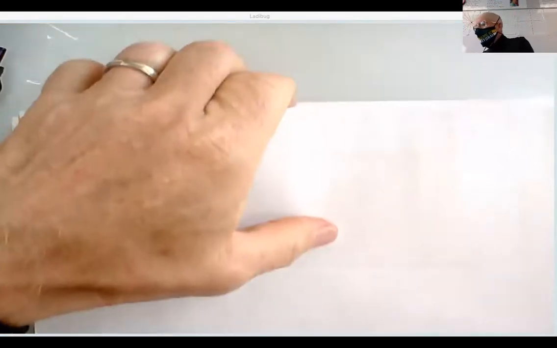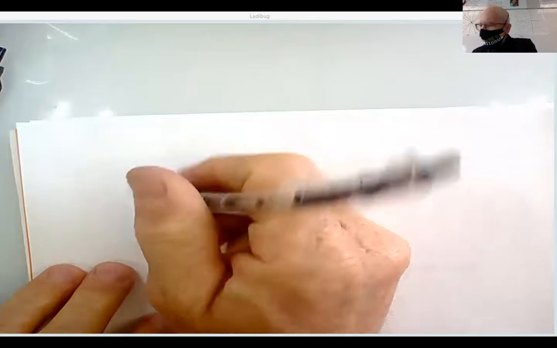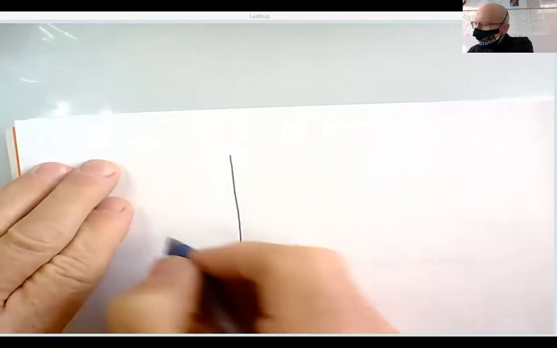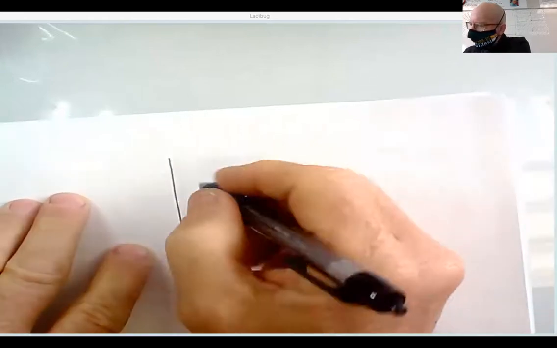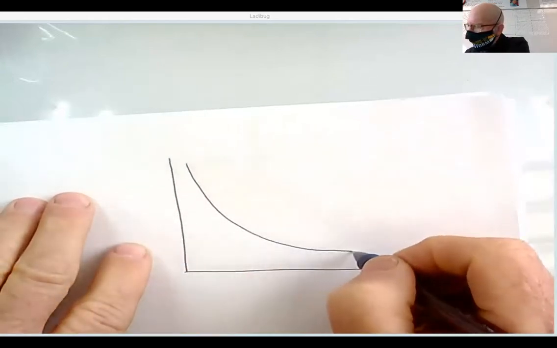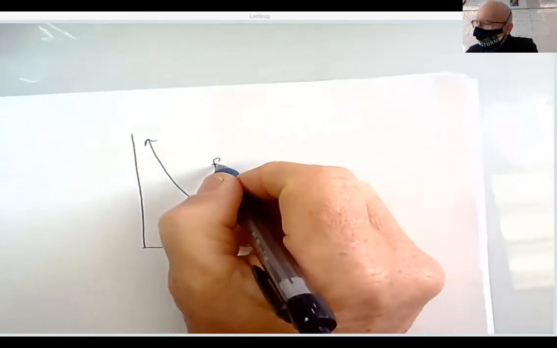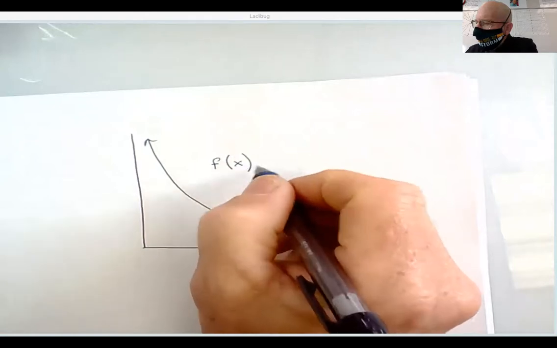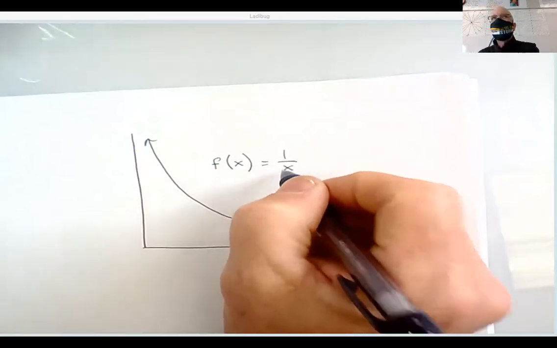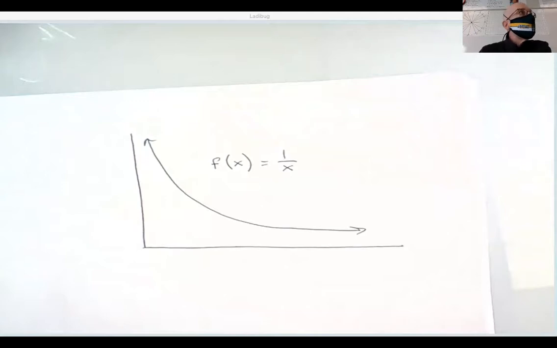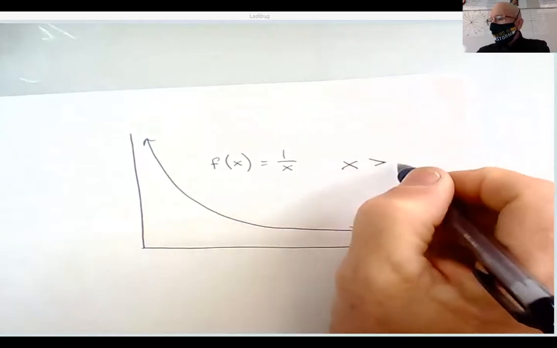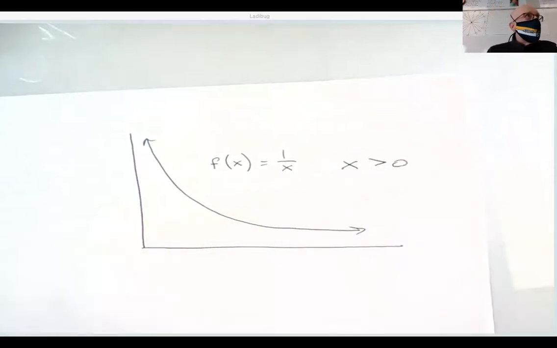And I'm going to draw a picture. This is the function 1 over x. You may have seen this before. This is where x is greater than 0, the positive side, because I just don't want to do a negative.